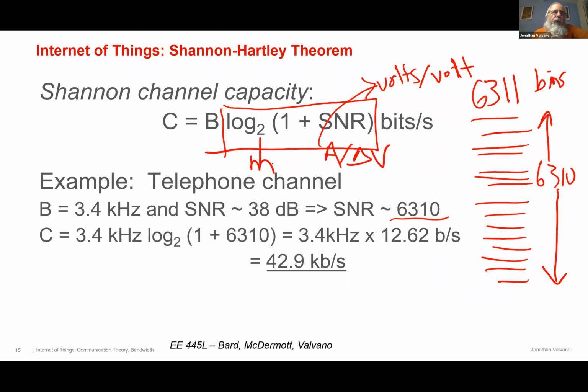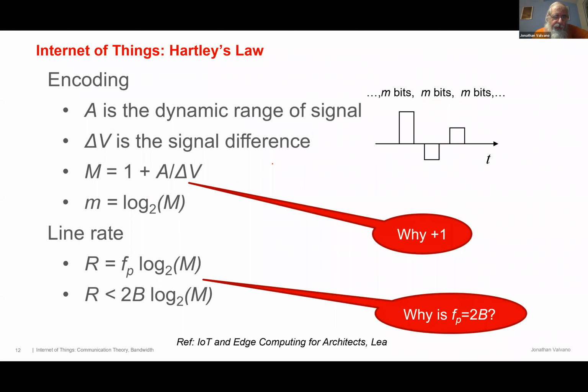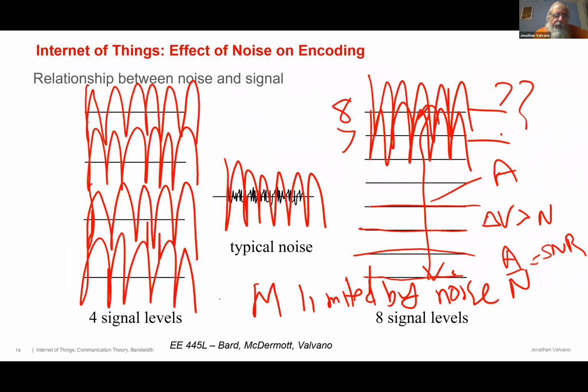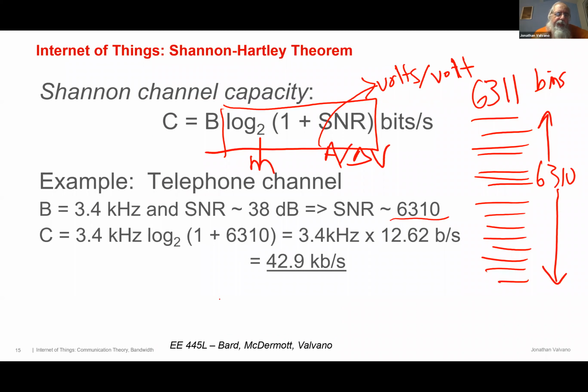And now since we're looking at the limit, the 2 went away. Notice that in the previous Hartley theorem, there was a 2 here, and the 2 is gone. And this is the frame rate. The maximum frame rate here is going to be the bandwidth.